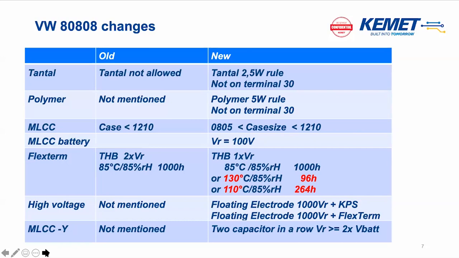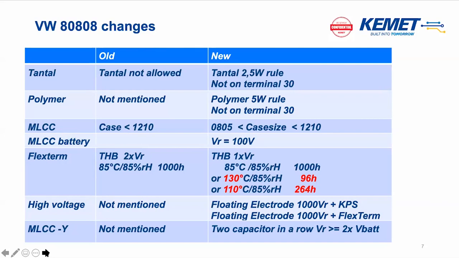Today, not a lot on terminal 30, that's bad, but we're working on that, and that's probably coming with the next release. For MLCCs, there are some restrictions in terms of case size. In former times, you should not use anything bigger than 1210. So 1812, 2220, 2225 wasn't really allowed, and not very famous.